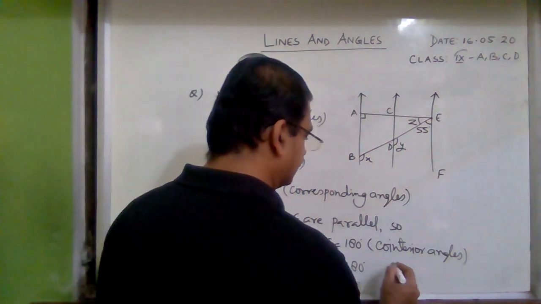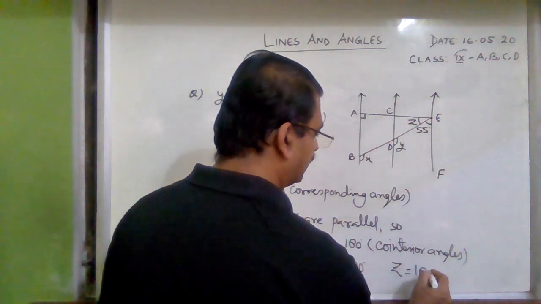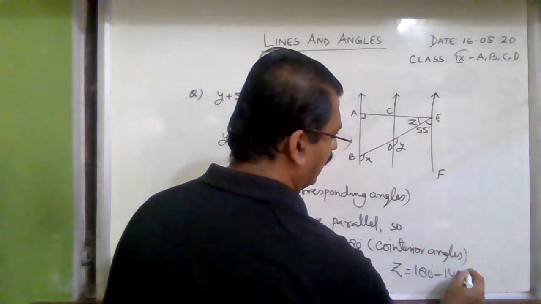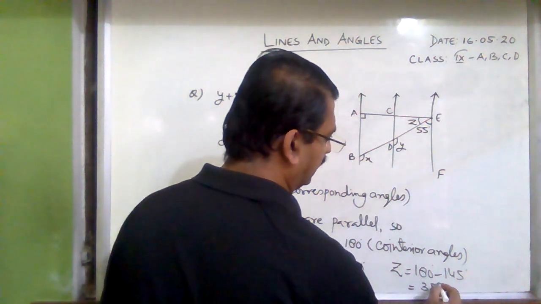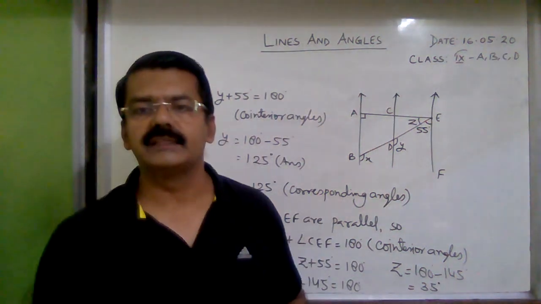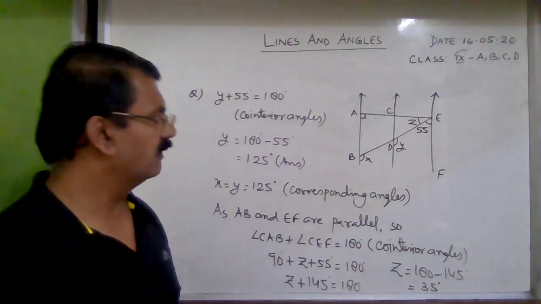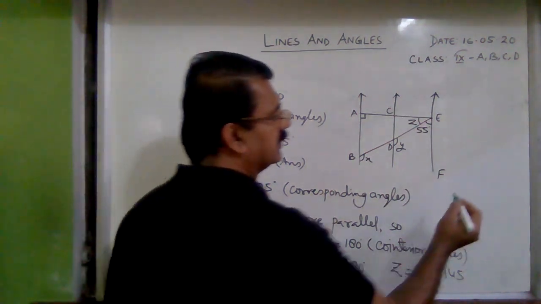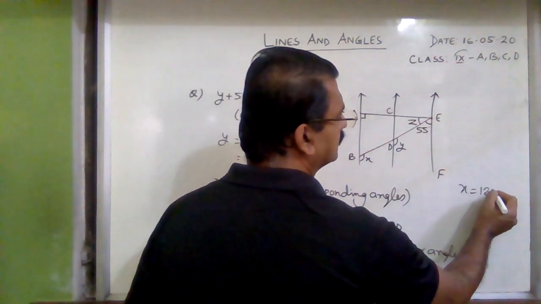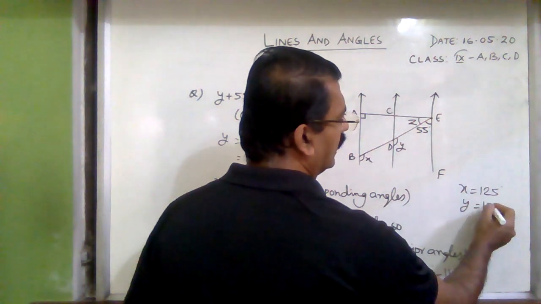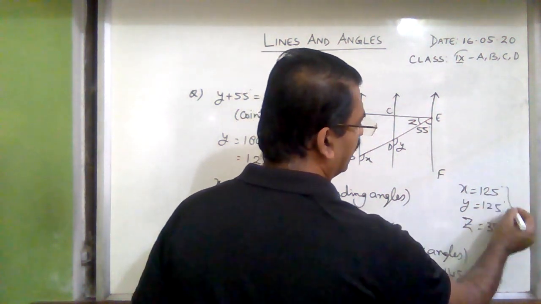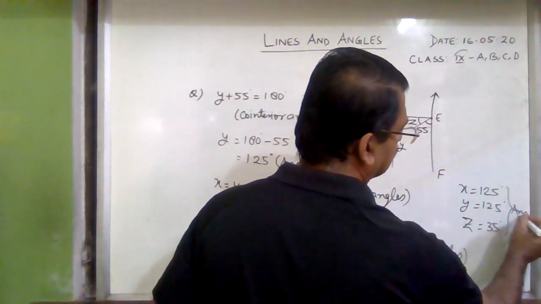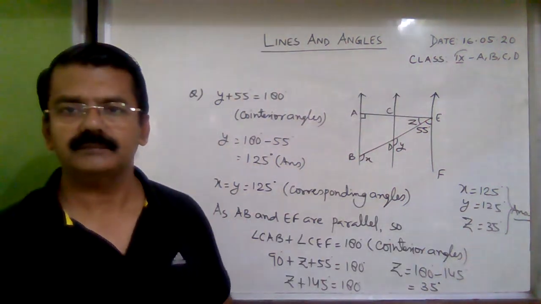That gives you Z is equal to 180 minus 145, that is equal to 35 degrees. So we have found that Z is equal to 35 degrees. So X is equal to 125, Y is equal to 125 and Z is equal to 35 degrees. That is your answer. Clear?